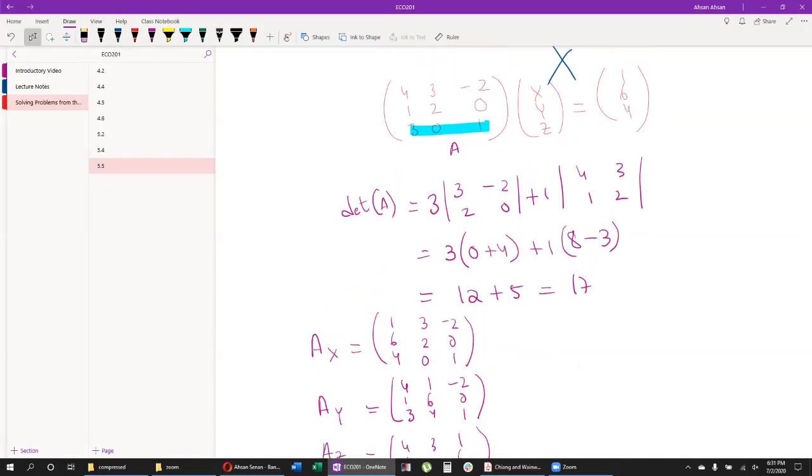Once we have this, I can calculate the determinant of AX, which is, I'm going to once again use the third column. So that will give me 4, not this, determinant, 3 minus 2, 2, 0, plus 1, 1, 3, 6, 2.